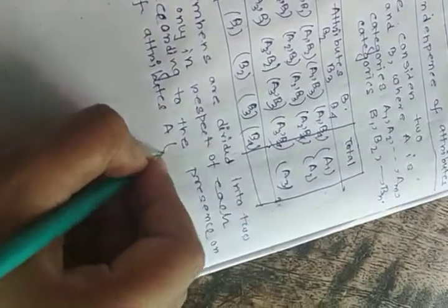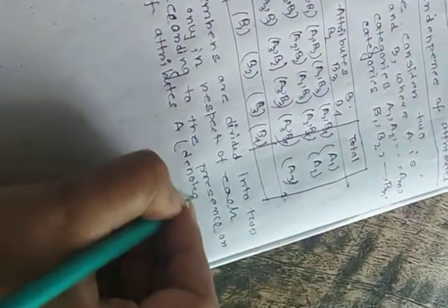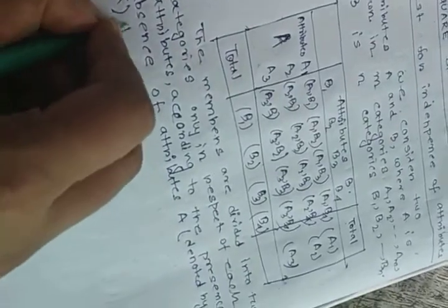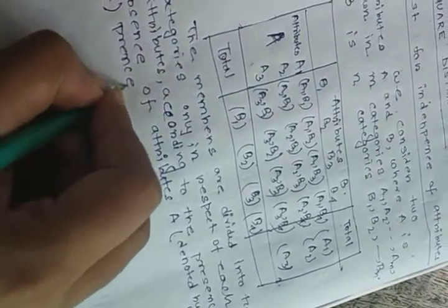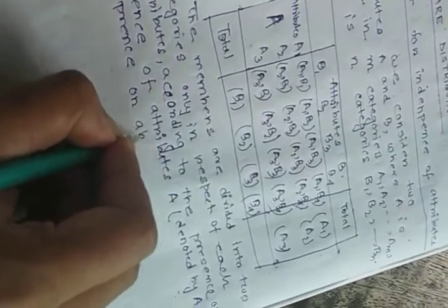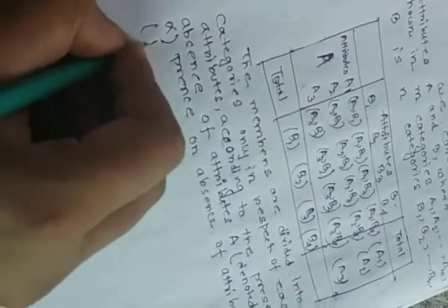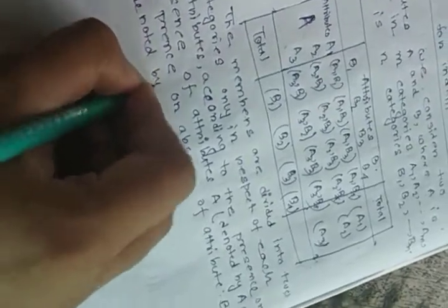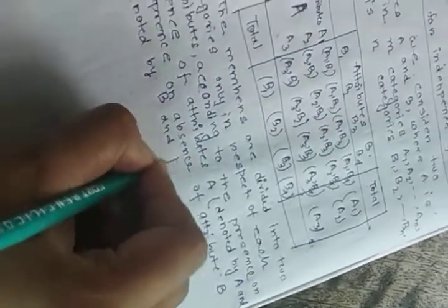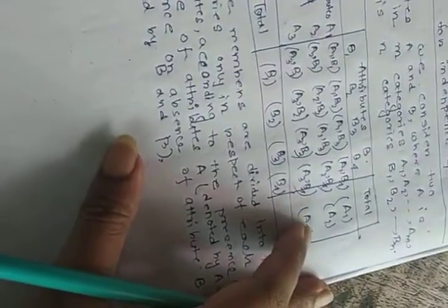Capital A is denoted by capital A and alpha, and the presence or absence of attribute capital B is denoted by capital B and beta. Now we have to consider the 2 by 2 table.